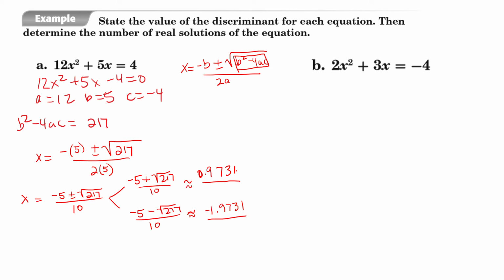Alright, so we get 2 answers here, and I know my parabola is going to look something like this, and this would be the 0.9731, and this location would be the negative 1.9731, and that's what we want.